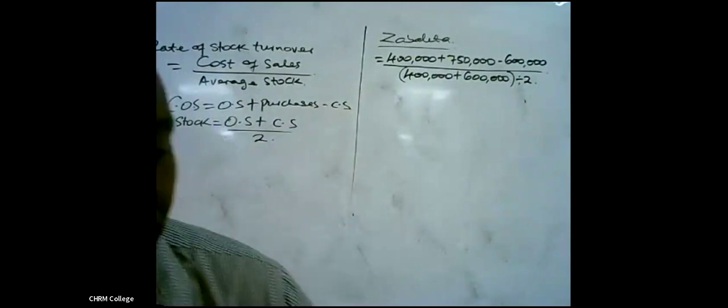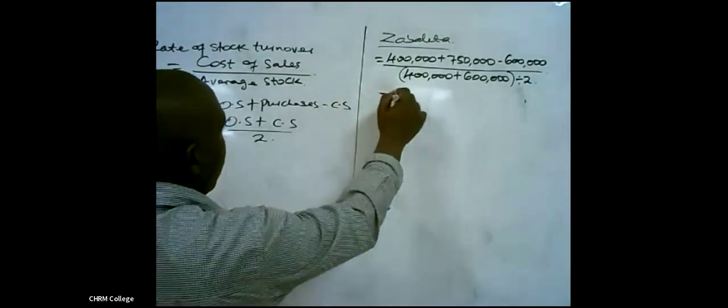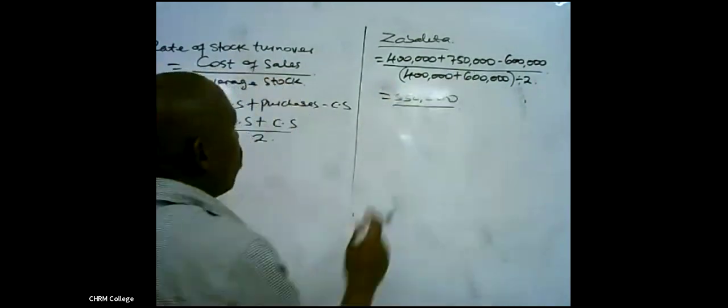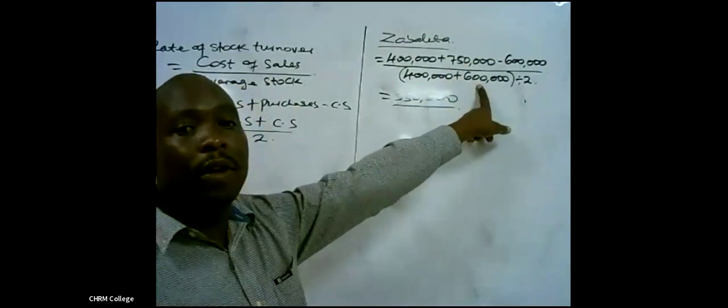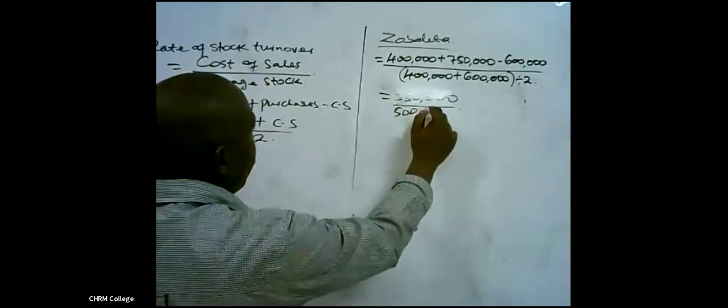So what will you get? 400,000 plus 750,000 minus 600,000 gives you 550,000. You divide by the average stock. 400,000 plus 600,000 is 1 million, divided by 2, which gives you 500,000.